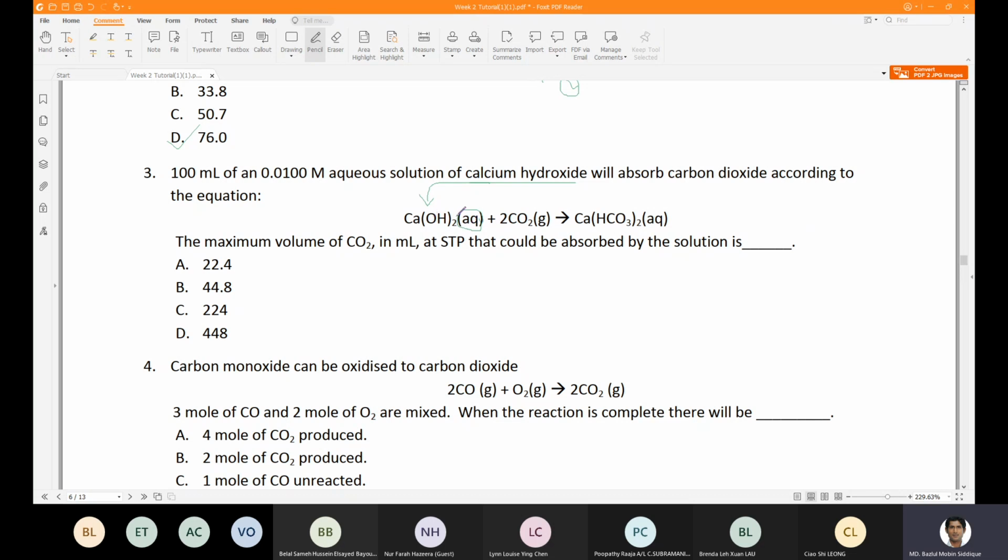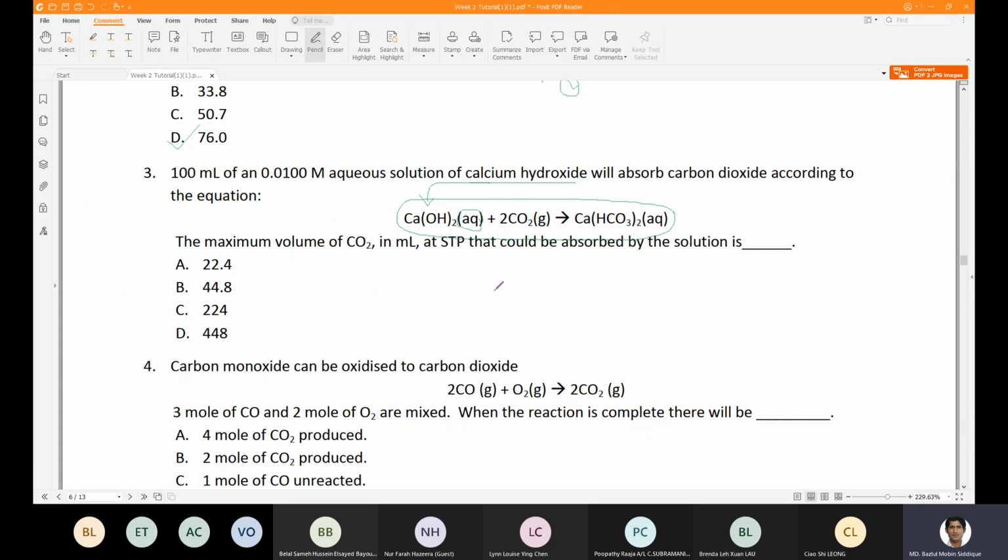Actually, this is one reaction that, if anybody is pursuing chemical engineering and the environmental aspect, you will use a lot. It looks simple, but it is not that simple. So this is probably one way to save our environment.